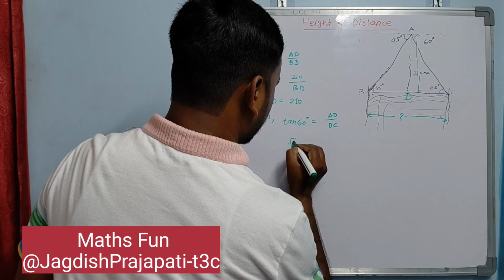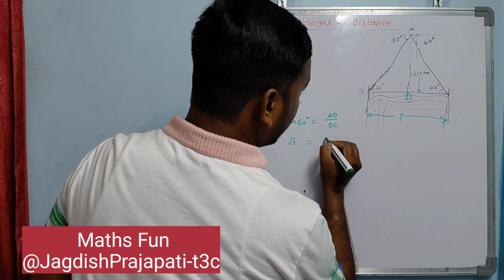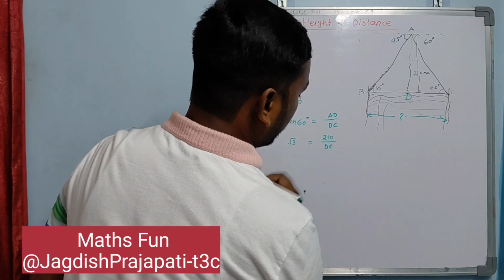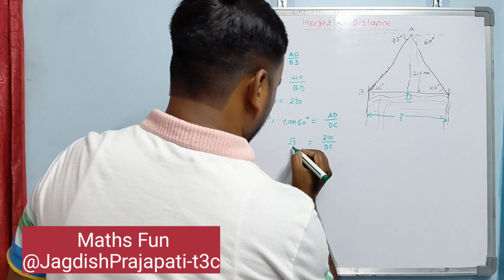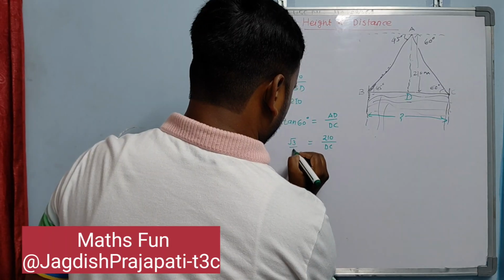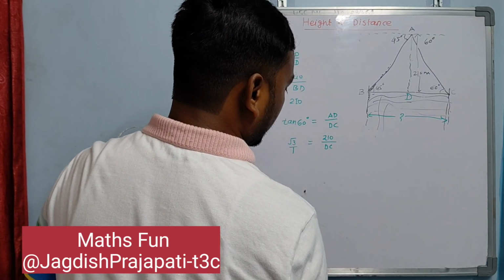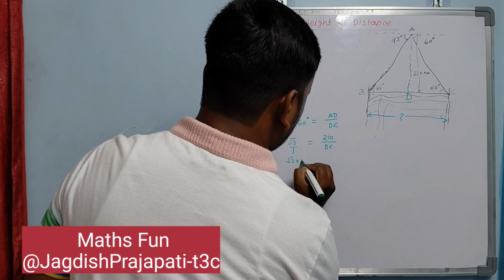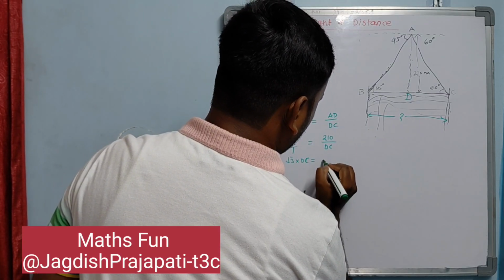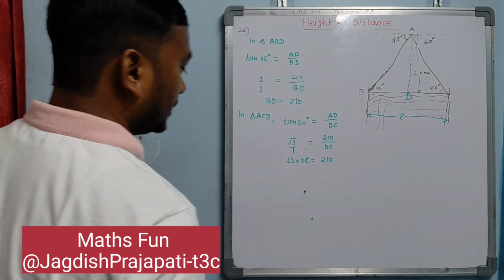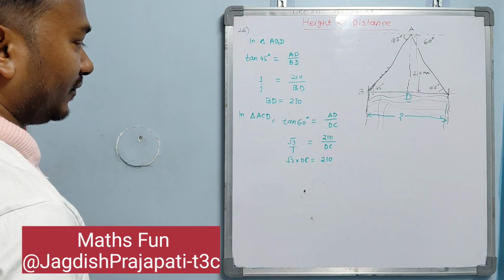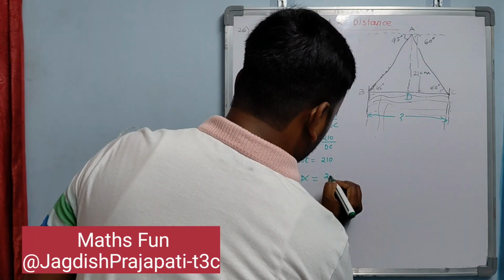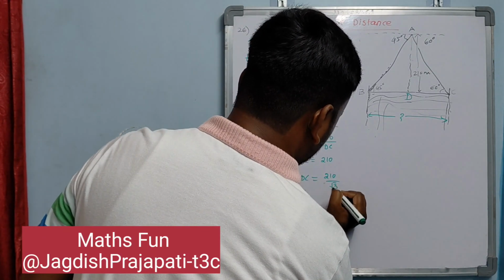Tan 60 is root 3, AD is 210, and DC we have to find. Again we can assume 1 here. So root 3 times DC is equal to 210. Therefore DC equals 210 upon root 3.